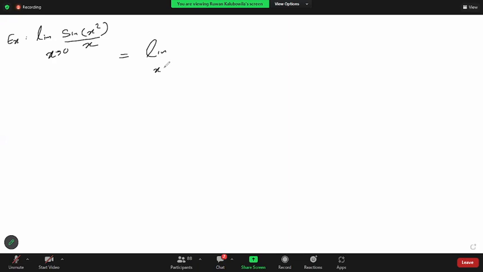What we can do here is multiply both numerator and denominator by x. That is not harmful for our basic function, right?